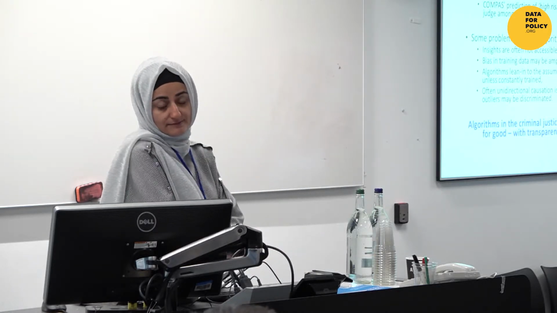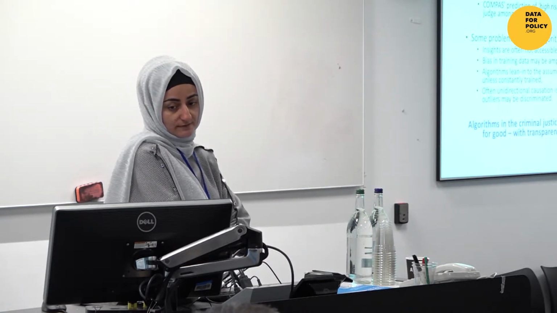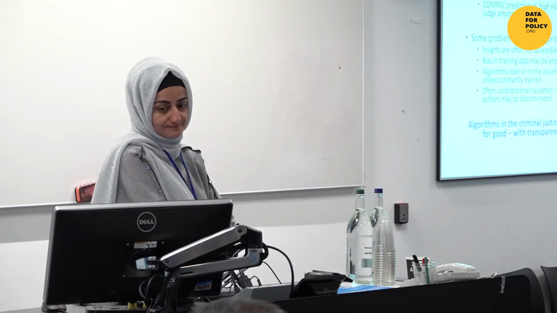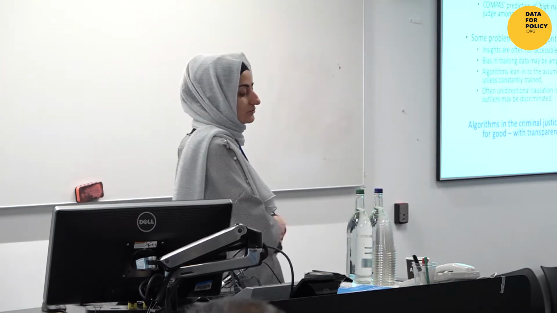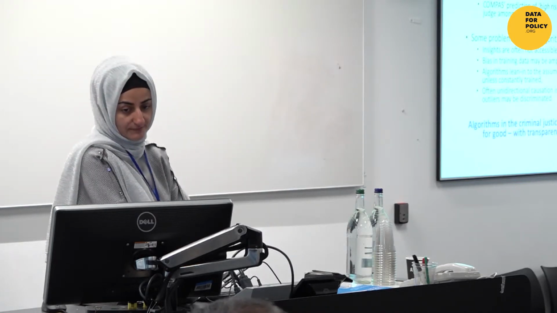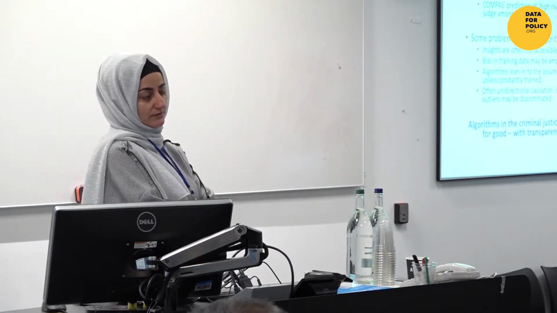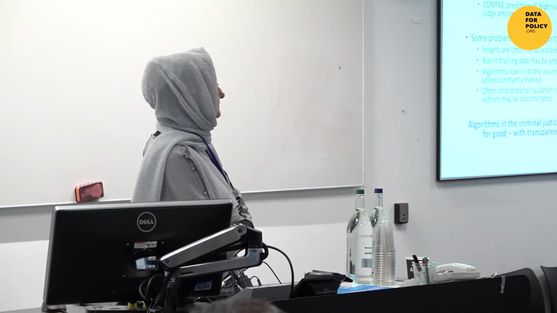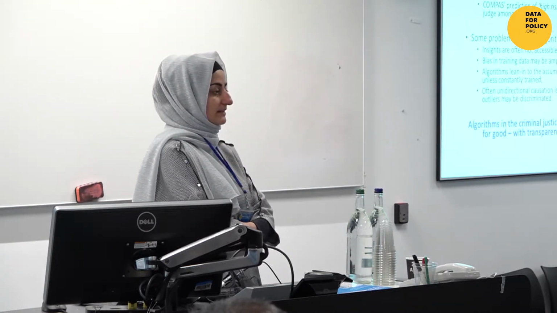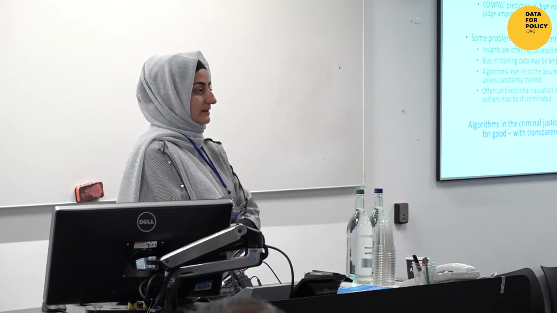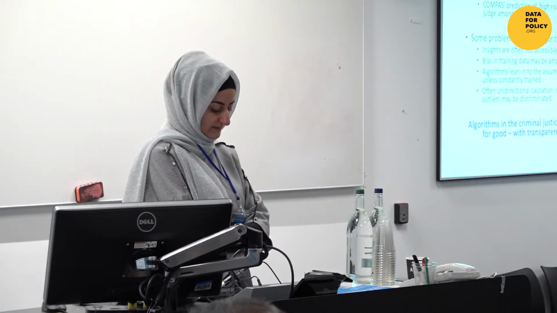And later, in that decision, Compass's high risk of recidivism prediction was cited amongst all the other factors. Later, another study showed that this Compass algorithm is actually discriminating racially.